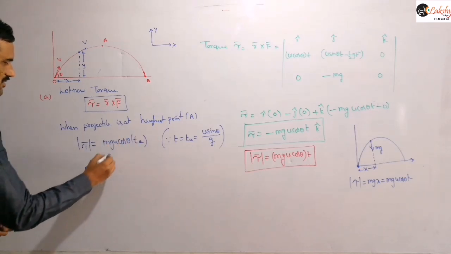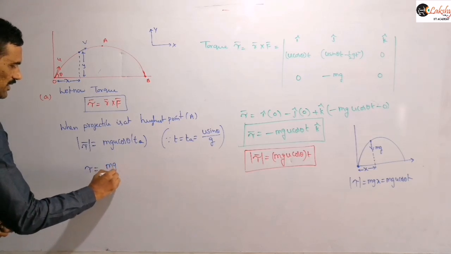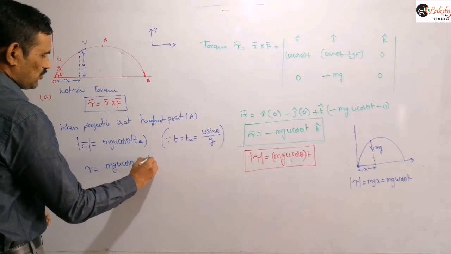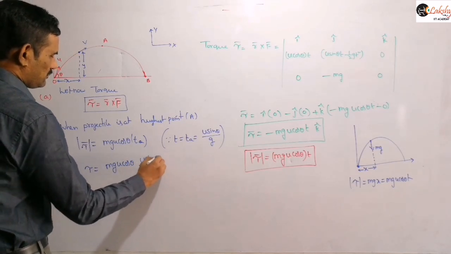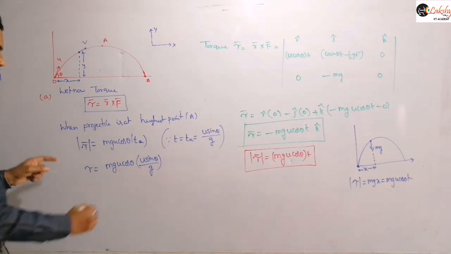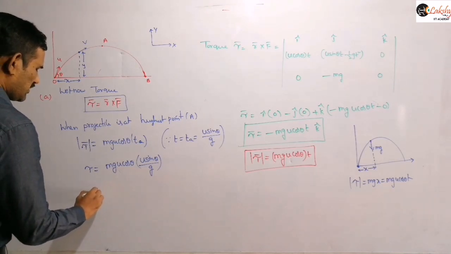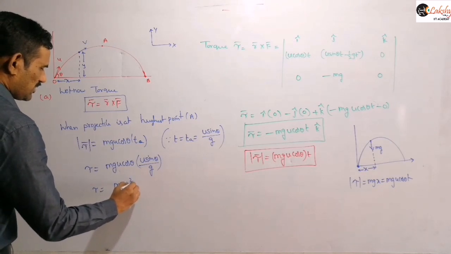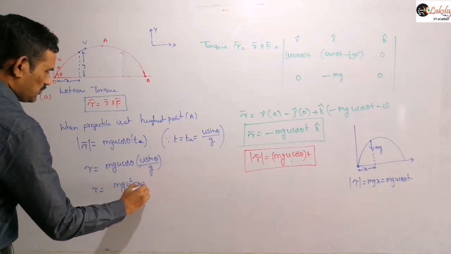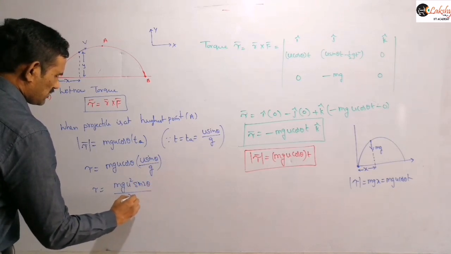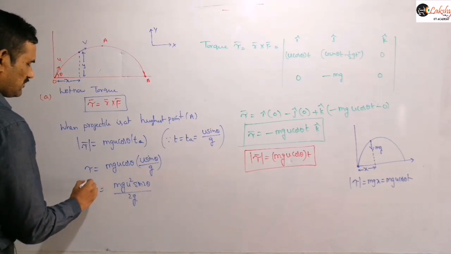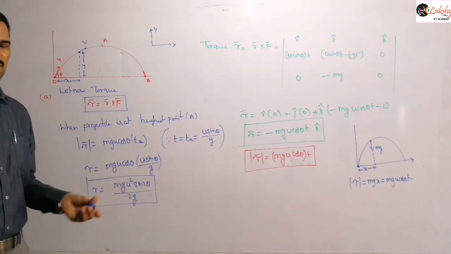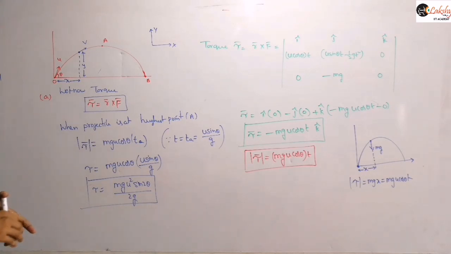Therefore the torque is mg into u cos theta into u sin theta by g, which is mg into u square sin 2 theta by 2g, where I am dividing and multiplying by 2. This is the torque magnitude at the highest point, about the point of projection.